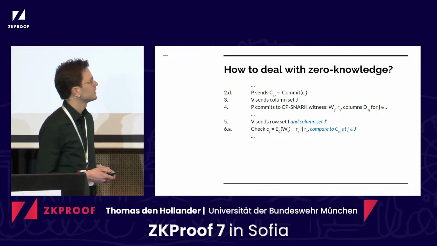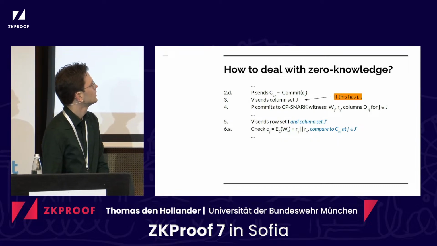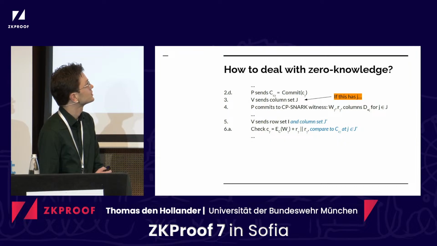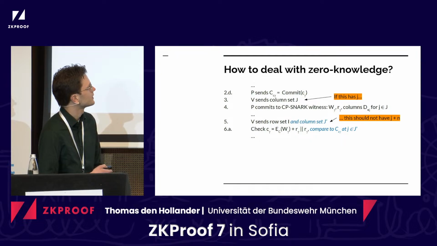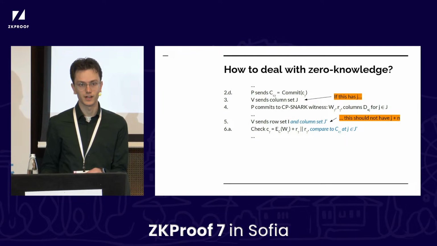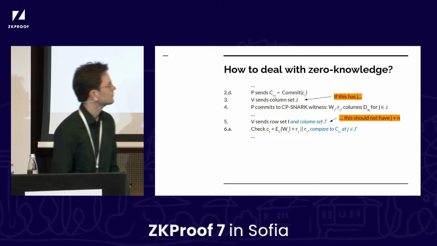Then, how do we add zero knowledge? If this initial set J has some index j, then this new set cannot have j plus n, because then we still have the same problem that we can subtract and obtain some information about the witness.